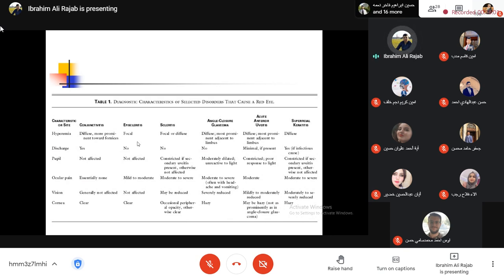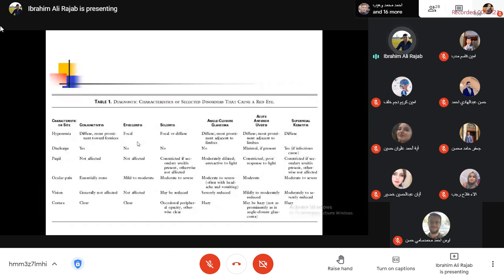In acute angle closure glaucoma, the hyperemia is usually more surrounding the cornea, and as I told you, it's called circumcorneal injection or ciliary flush. No discharge. There is an unreactive pupil.